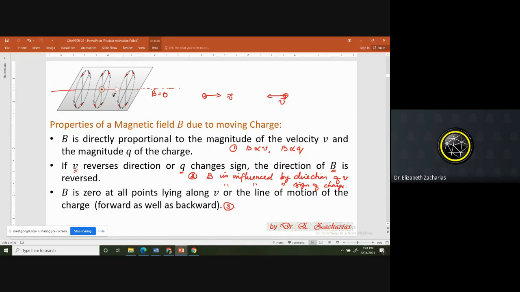At all other points, there is magnetic field, but on the line of the moving charged particle, at a point in front or behind, there is no magnetic field. So these are the 3 observations that are made.